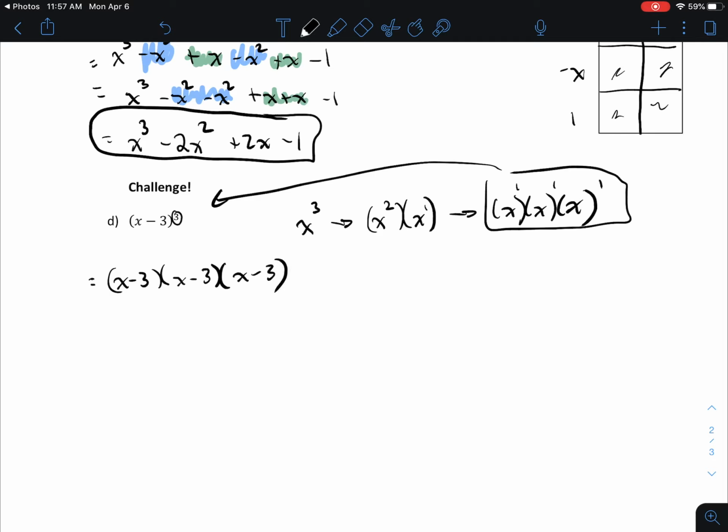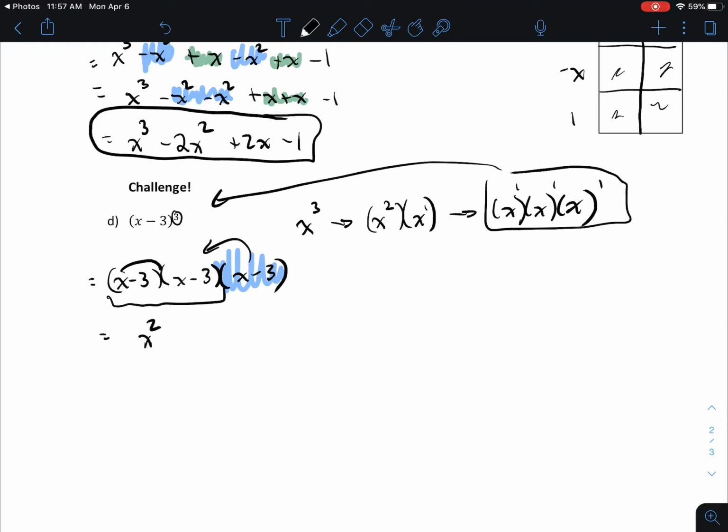The key with this question is, let's ignore one of these for a sec. Treat it like a binomial times a binomial, and then once you get an answer from that, you can multiply the blue one back into it. So I'll do the first one, and then you guys can take care of the blue piece at the end.